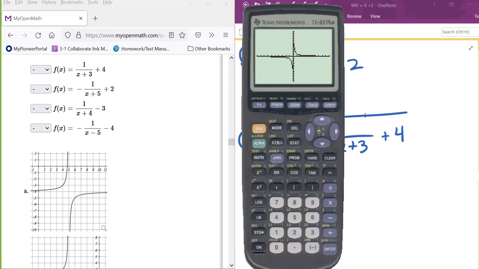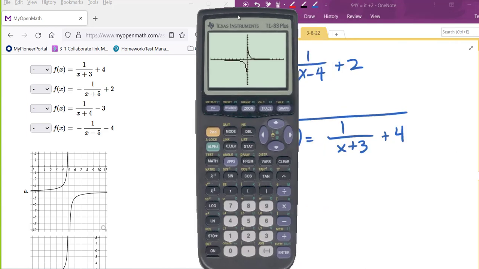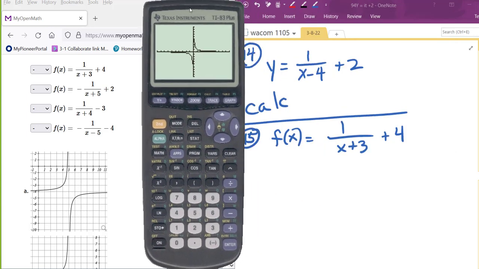And let's pull our calculator back up so we can see it as we go. All right, so I'm not going to enter this. You could enter this exact one. And I'm going to match it below. So let's compare to this and see what happens. So we've got a +3 with the x. Remember, that'll go the opposite way, and that's horizontal.